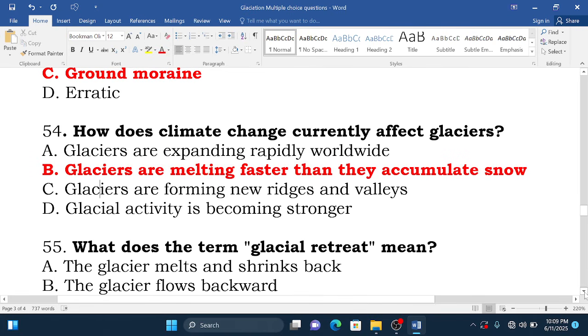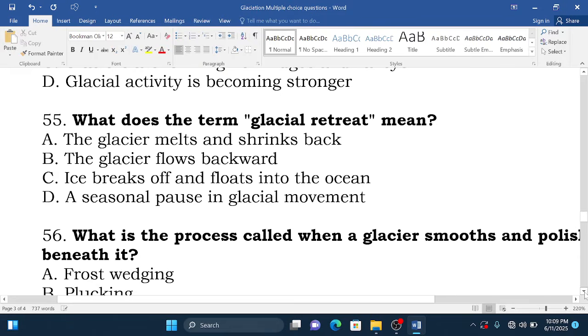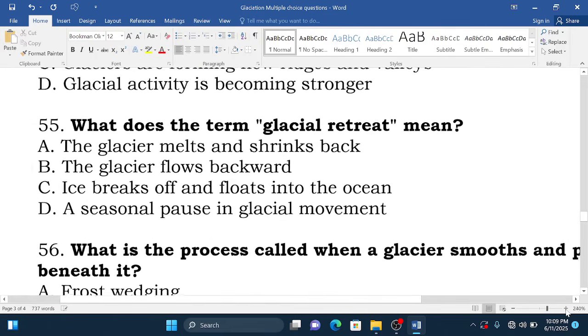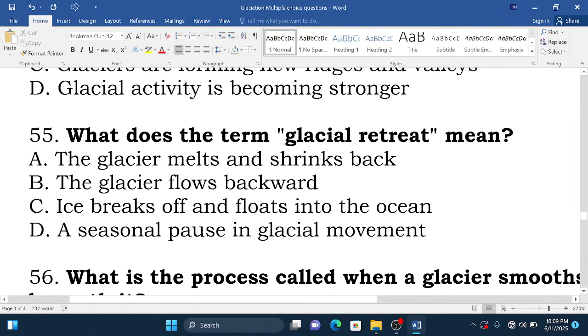We will reach question number 55. The question is asking, what does the term glacial retreat mean? A, glacier melts and shrinks back. B, glacier flows backwards.